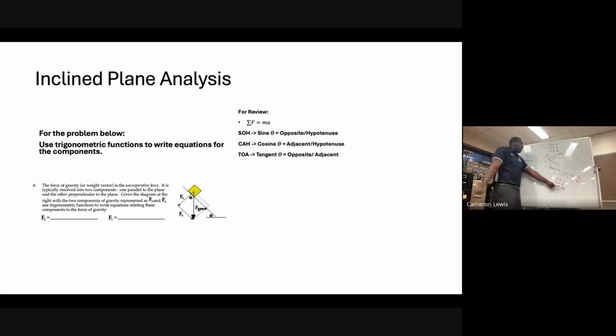So if I want to find out what my perpendicular force is, all I have to do is multiply mass times gravity times the sine of an angle, and that equals my perpendicular force. So now I have an equation for that one.